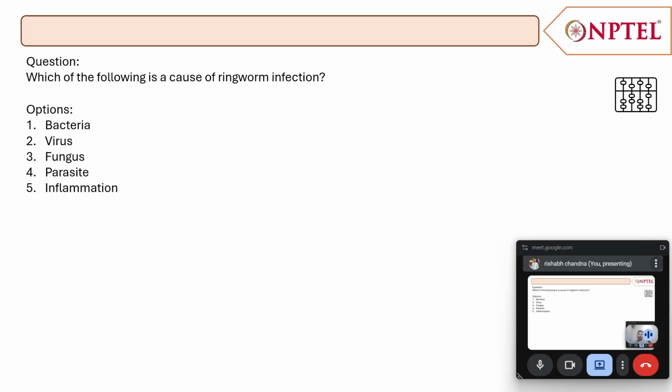Which of the following is the cause of ringworm infection? So, what can be the correct answer?